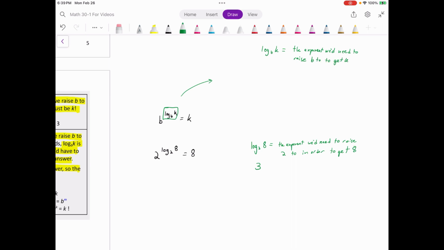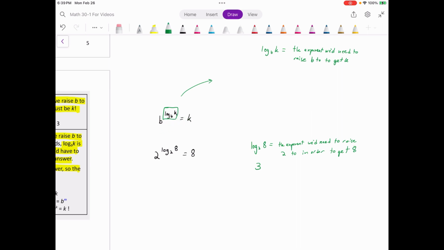The exponent b needs to become k. This to the power of this equals this. So log base b of k is just the exponent we'd have to raise b to get an answer of k. Well, that is what we're raising b to here. We have b to the power of the exponent we'd need to raise b to in order to get an answer of k. So we're raising b to the exponent that makes it equal k, right? So that is why this one makes sense.